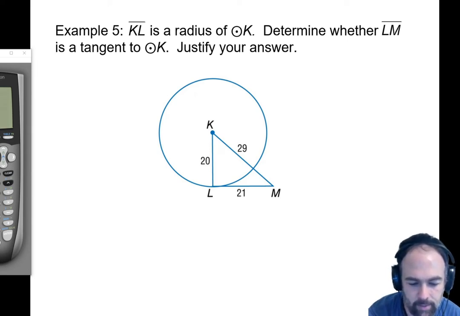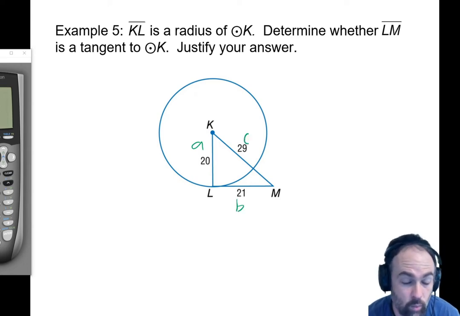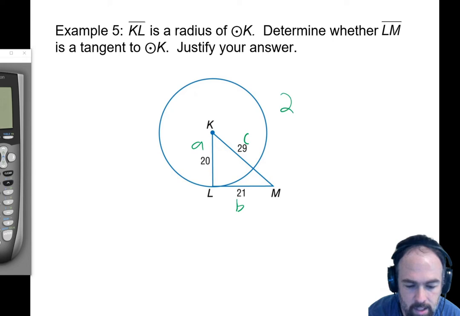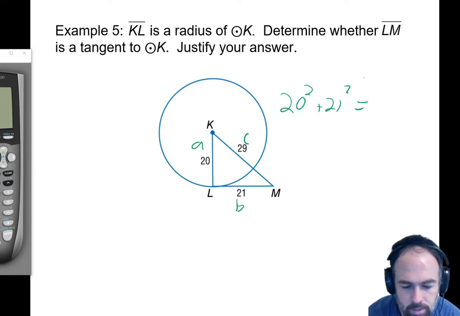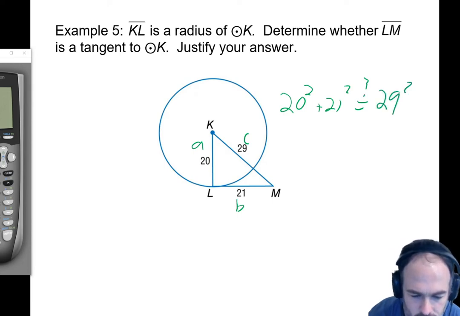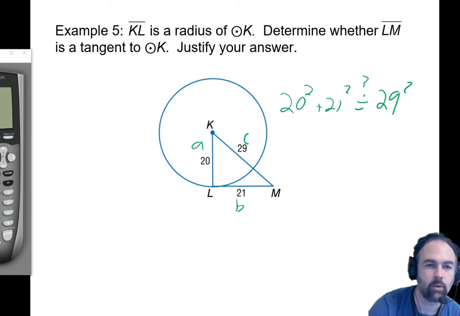If this is a right angle, then this would be our A, B, and C value, C being the longest one, the hypotenuse. So we got to know, is 20 squared plus 21 squared equal to 29 squared? And yes, that is a question mark above my equal sign because I am testing whether it's equal to. I'm not stating that it is equal to.